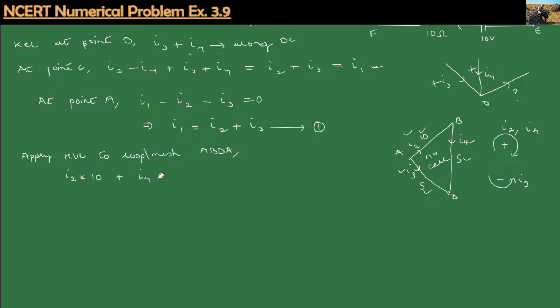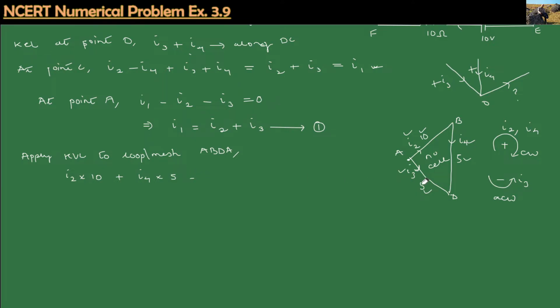Why plus I4? Because we have taken clockwise rotation as positive with respect to this junction point. This is the clockwise rotation, this will be the anti-clockwise rotation. Then this will be I4 into 5.